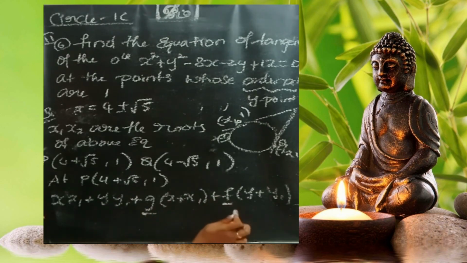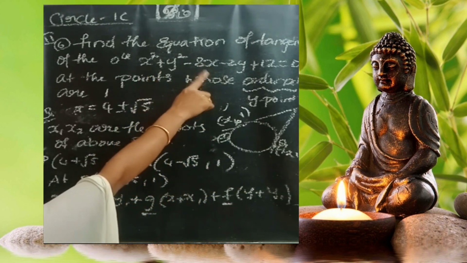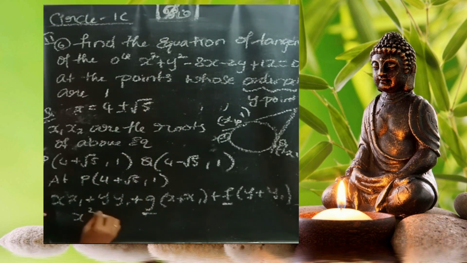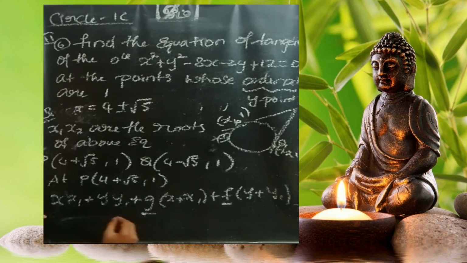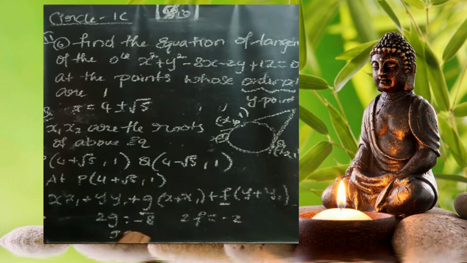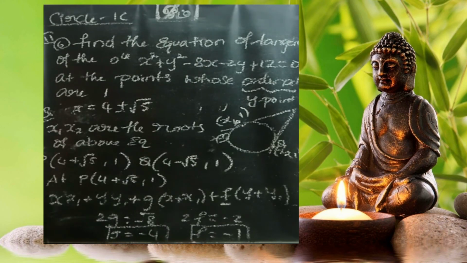To find g and f from this equation, from x square plus y square, 2g equals minus 8 and 2f equals minus 2. So g equals minus 4 and f equals minus 1. Now substitute g and f, and substitute x1 y1 in this equation.